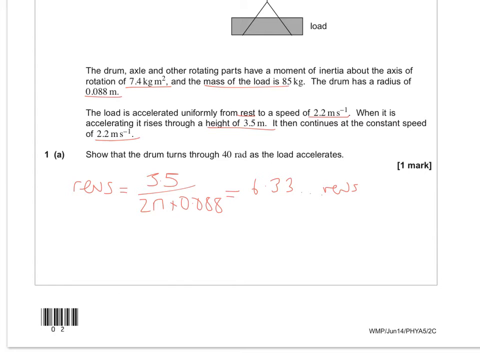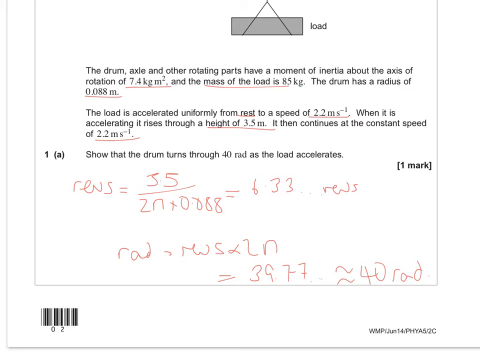And then what we want to do is convert revolutions to radians, which is revolutions times 2 pi, so if we take the answer from the previous question, multiply it by 2 pi, and we get 39.77, which is approximately 40 radians.